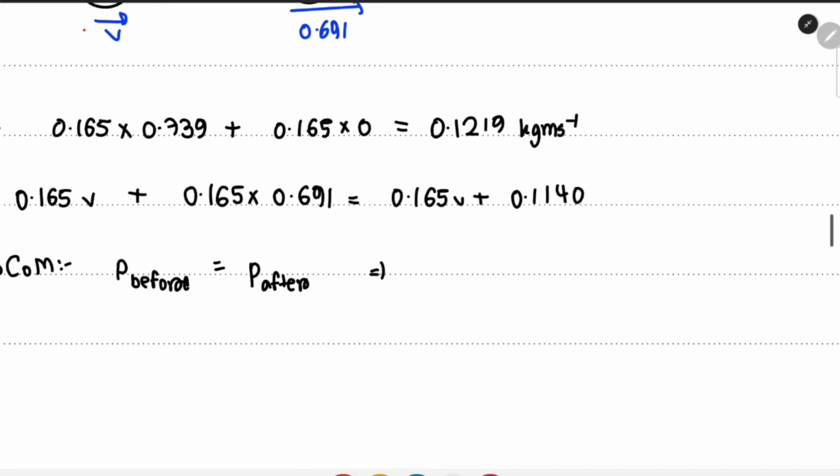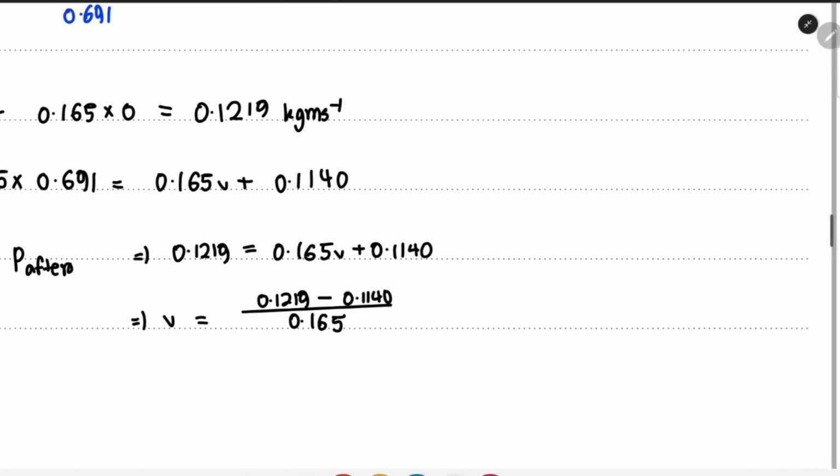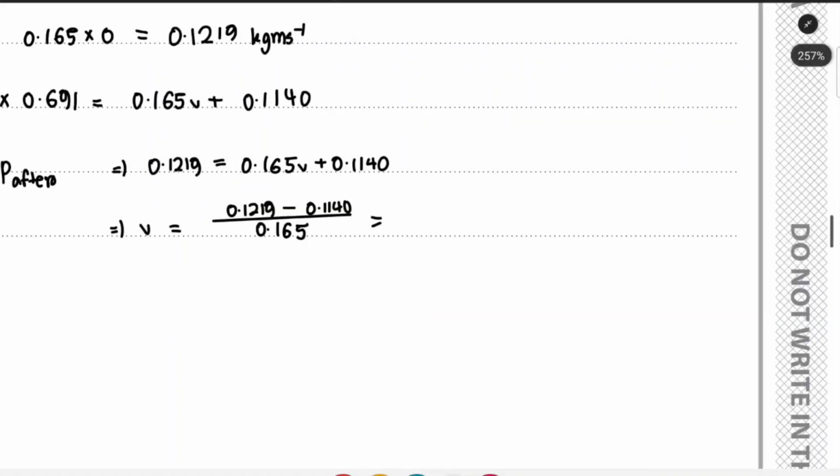So the momentum before is 0.1219, the momentum after is 0.165 V plus 0.1140. V will be equal to 0.1219 minus 0.1140. We first move it to the left and then divide it by 0.165. We get a value of 0.048 m/s.